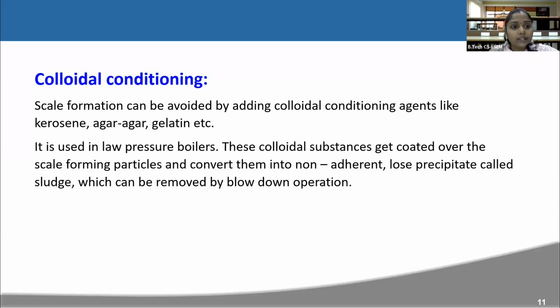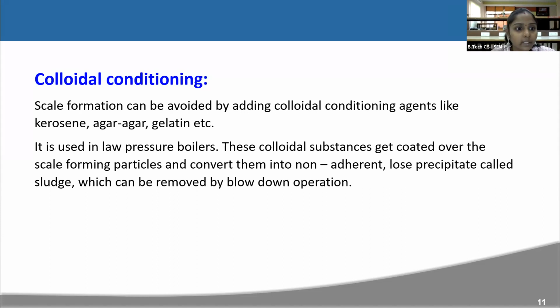So the colloidal substances get coated over the scale forming particles, and thus the coalescence of these particles to a compact scale is prevented. Thus, the scale formed remains loose and non-sticky and can be easily removed.